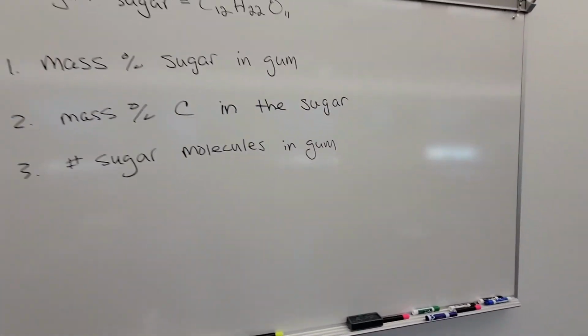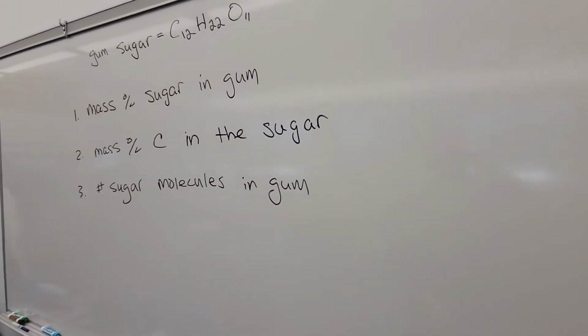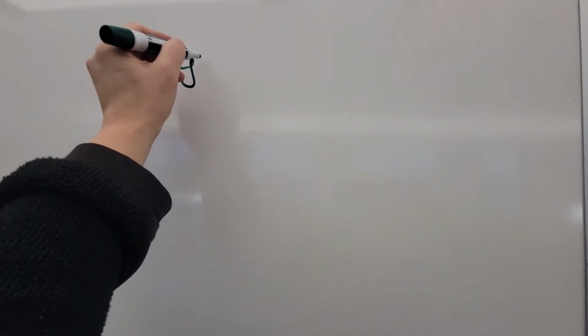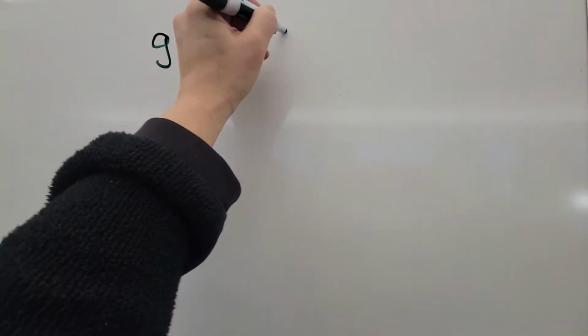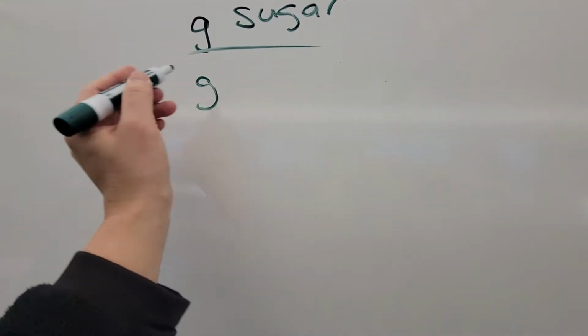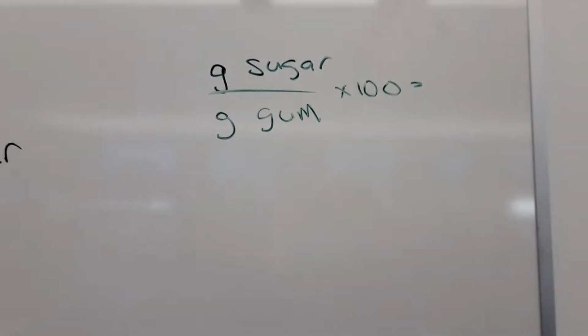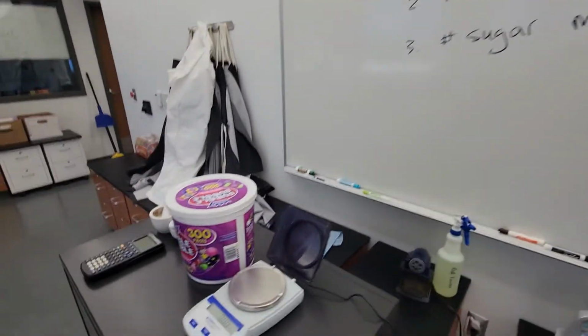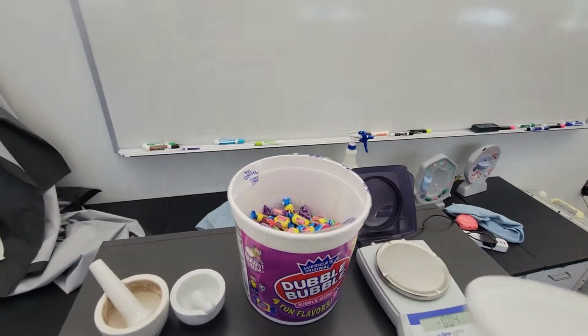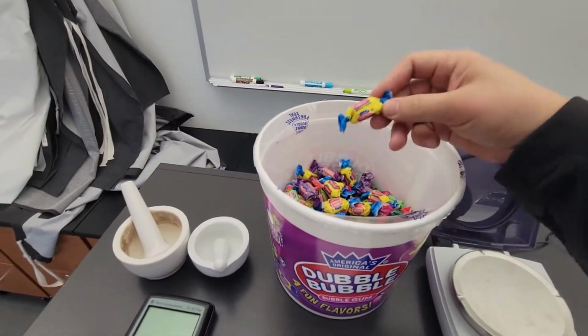First, we can do that by getting the mass of the sugar over the mass of the gum. That'll give us that. So I'm gonna grab a piece.